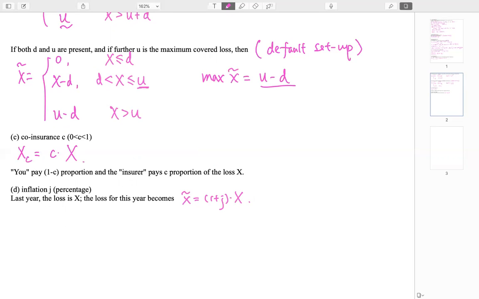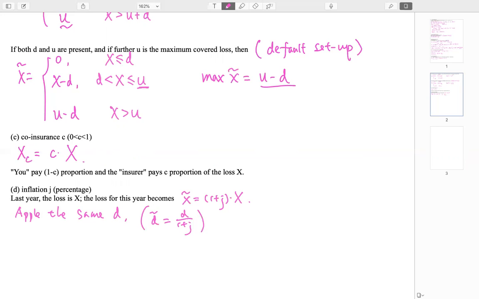So basically, this has the same flavor as co-insurance. You apply a percentage, but now the percentage is actually bigger than 1. So you can combine inflation with deductible and with policy limit. If you apply the same deductible D, effectively your deductible will become smaller.